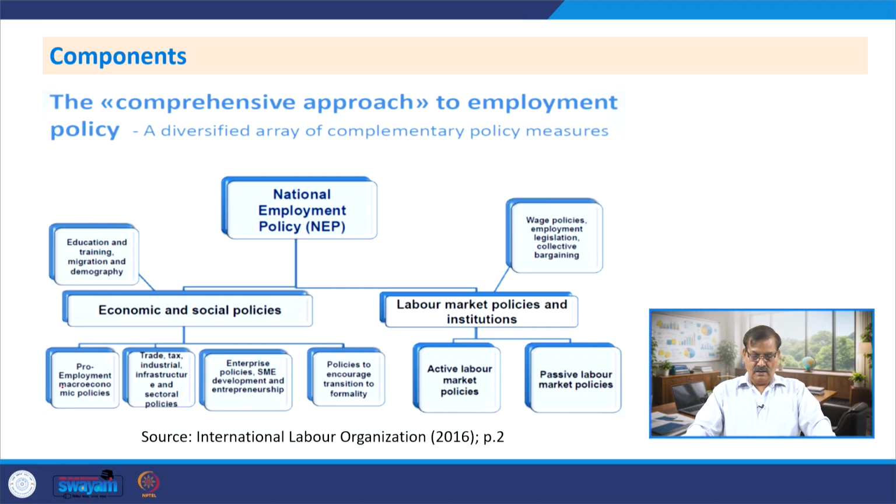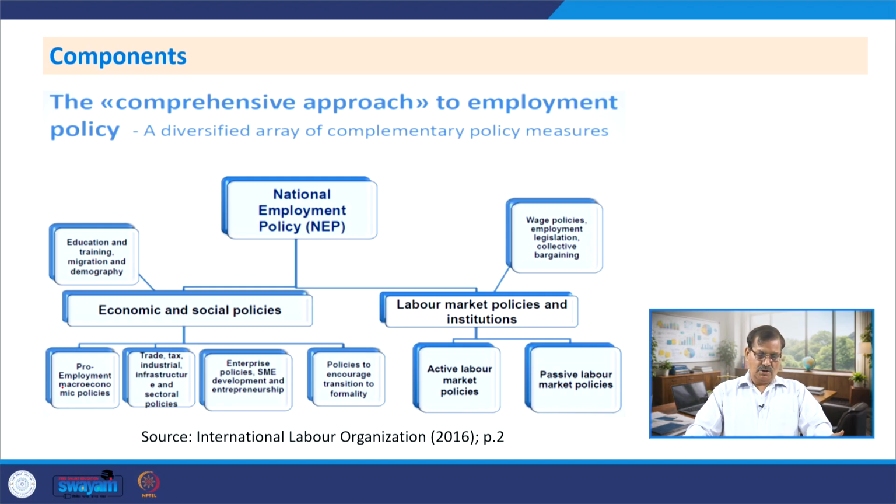Similarly, we also have wage policies, employment legislation, collective bargaining, and in this regard, we should have labor market policies and institutions. So we can divide the national employment policy into two components. One is economic and social policies, and the other is labor market policies and institutions. Institutions also matter regarding workers' welfare.